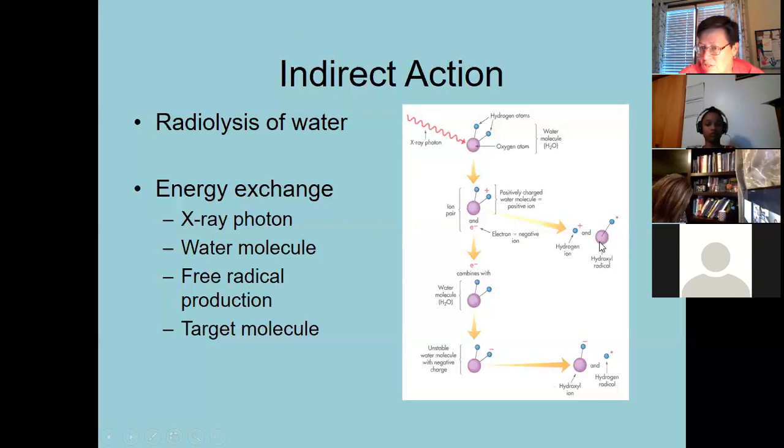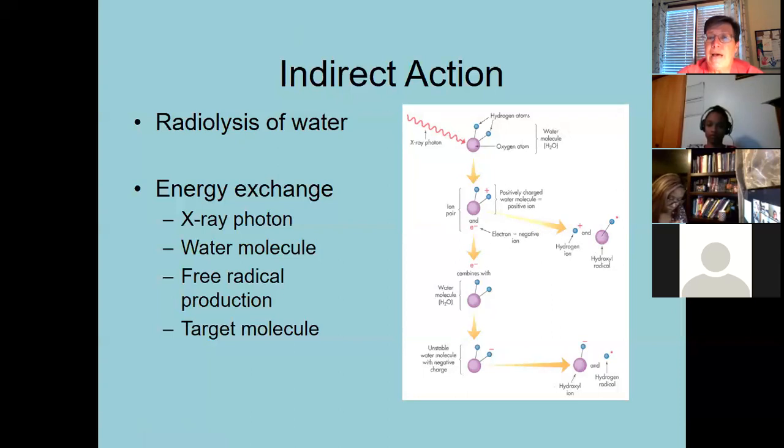Hydroxyl is an O, oxygen and a hydrogen, okay? So that's what happens to a positively charged water ion. It breaks apart. This free radical can then damage the target. And we'll talk a little bit more about that in just a few minutes.